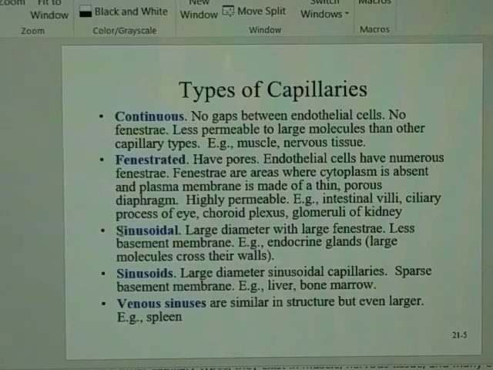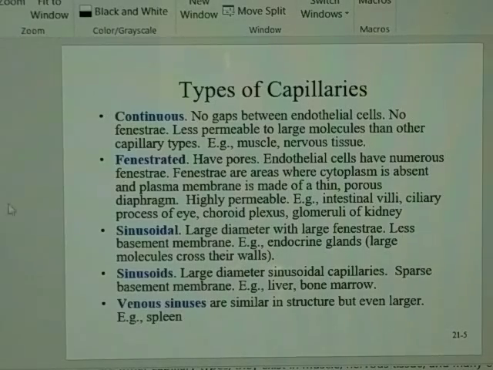If a capillary has sinusoids, this is where the fenestrae, the diameter of them, get a little bit larger. We don't have as much basement membrane, and large molecules can readily move across that capillary.